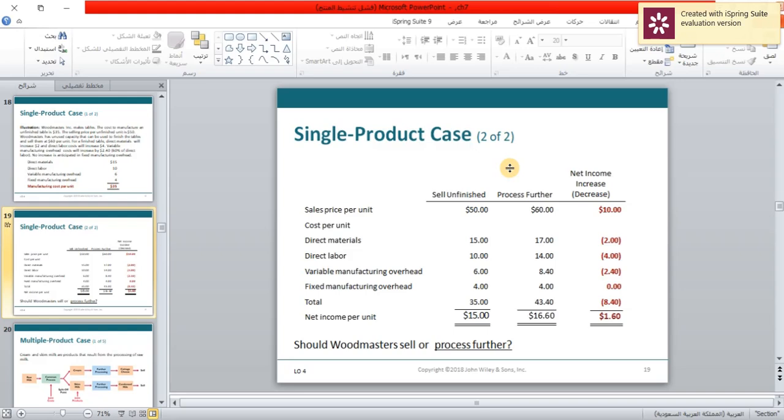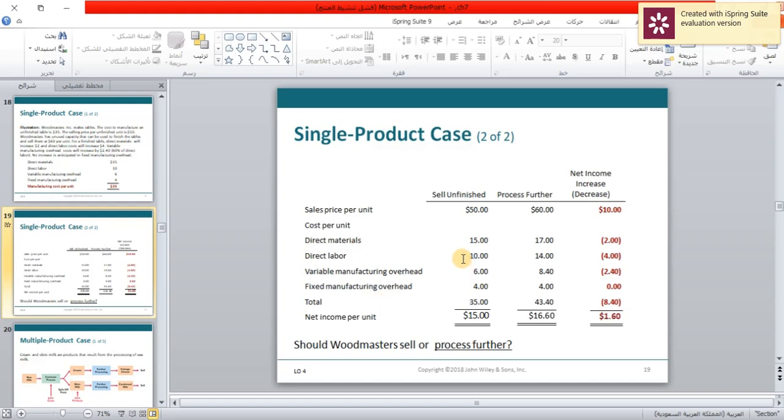Here is the incremental analysis, single product case. Here, sell unfinished, the current situation, alternative A: sell tables as unfinished at the price of $50. Alternative B, if we complete the process, the selling price will be $60. So the net income will increase $10, positive.